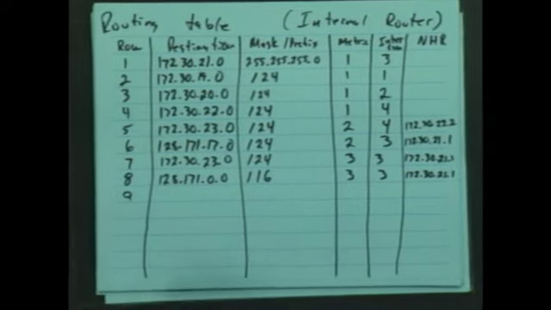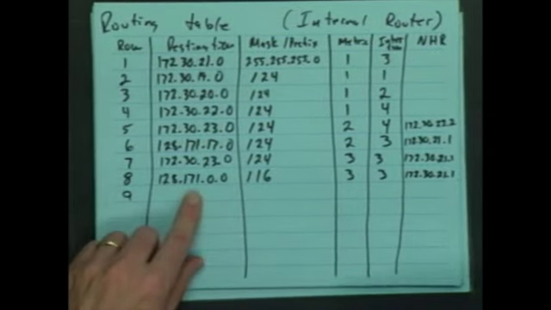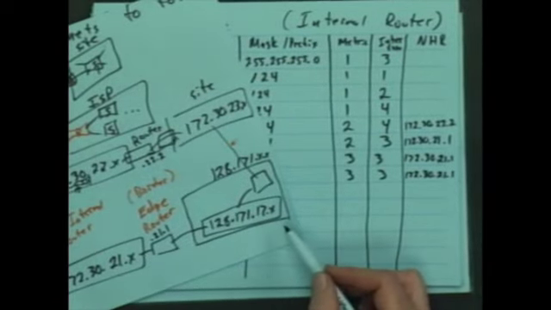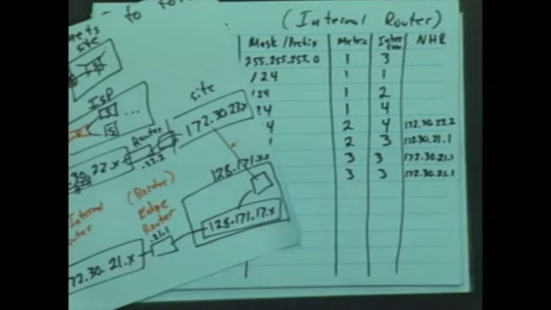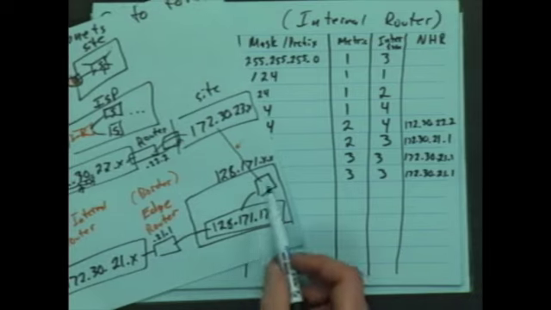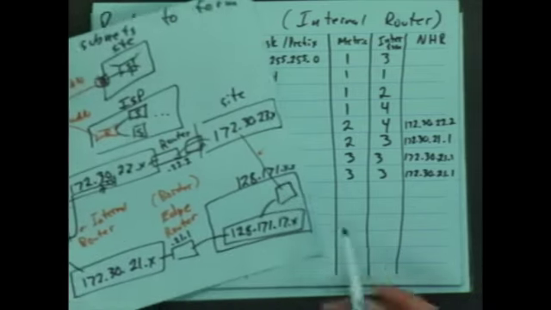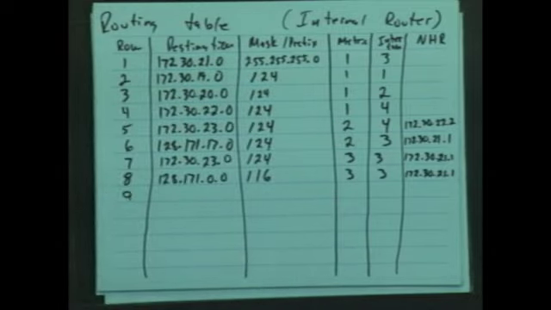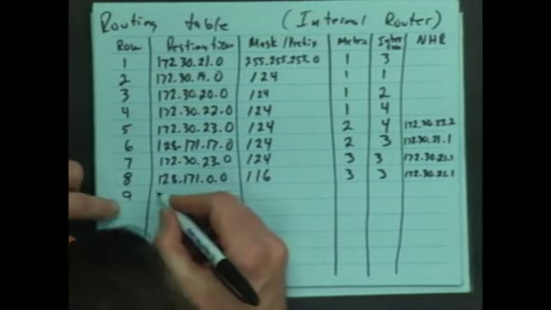Oh, and just to note, 128.171, that's the whole subnet of my ISP. Okay. And I think I get to it by this router. But it's hard to say for me now, because I'm not really sure. Well, we'll talk about that in a minute. I'm not really sure where my router got this information. But row 9, we keep going.